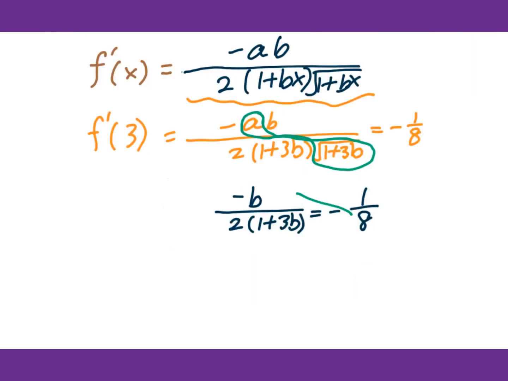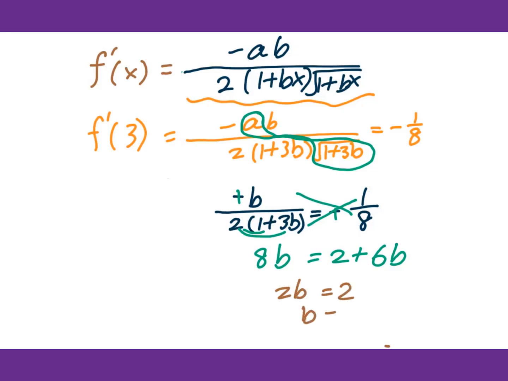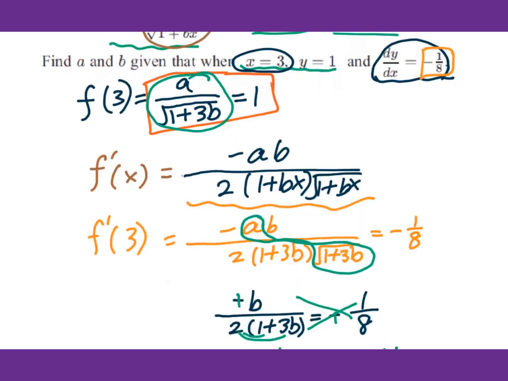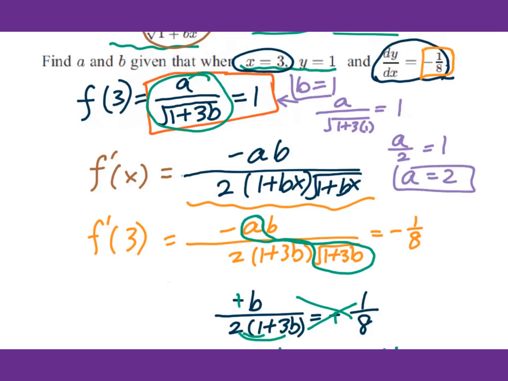So we cross multiply. Negative negative will be positive. We have 8b equals, by the distributive property, 2 plus 6b. Minus 6b from both sides, you will get 2b equals 2, so b equals 1. Now we plug b equals 1 into this equation. You will get a over square root of 1 plus 3 times 1 equals 1, so a over 2 equals 1. So a equals 2. That's it.